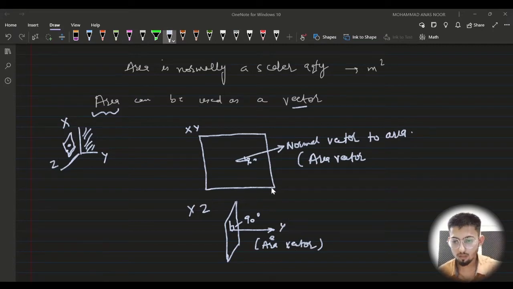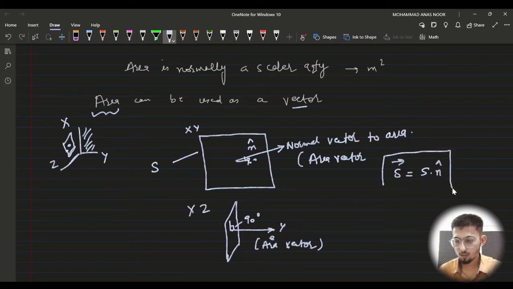Suppose we have a small area or even a big area. Suppose this is area S, and this normal is a unit vector. What we say is the S vector, the area vector, would be equal to S multiplied by this unit vector.